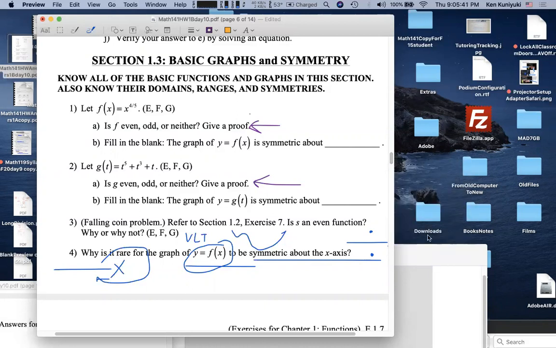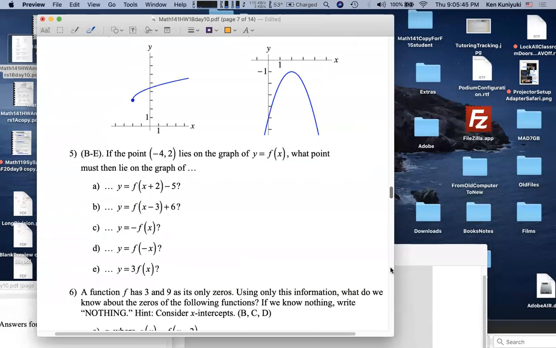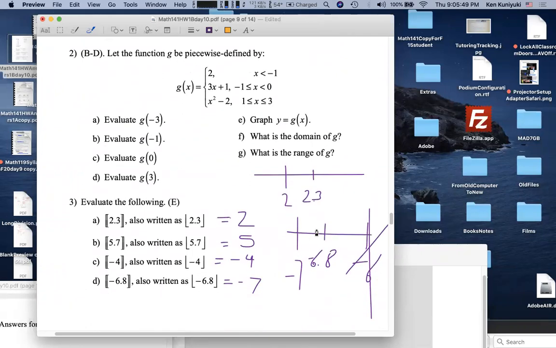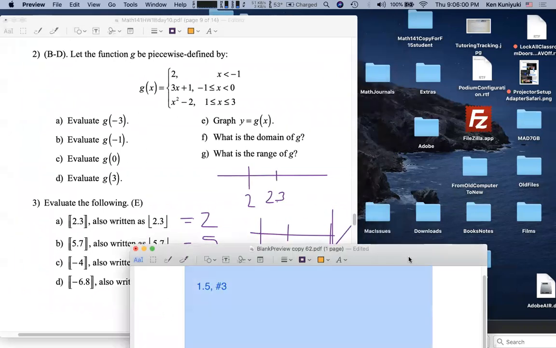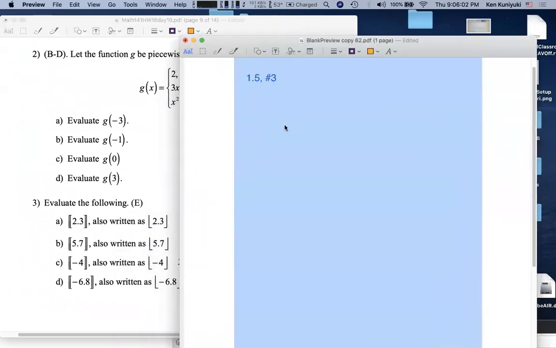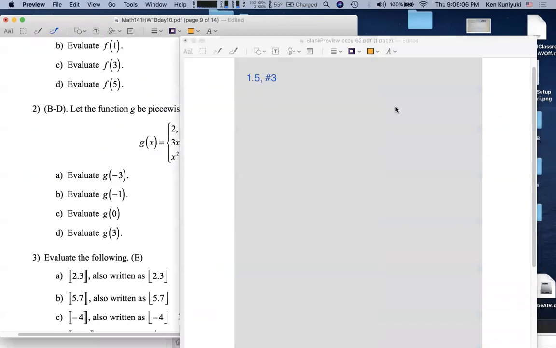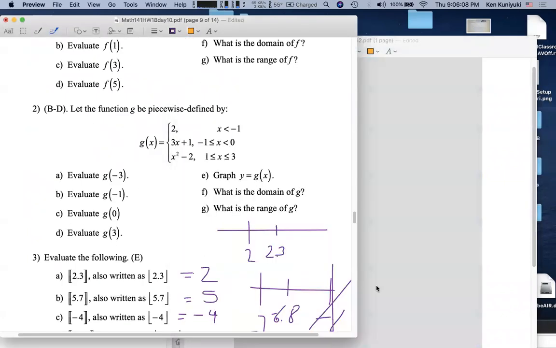All right, 1.5. Okay. The graph. All right. Did I do 3 yet? Yeah, I did.